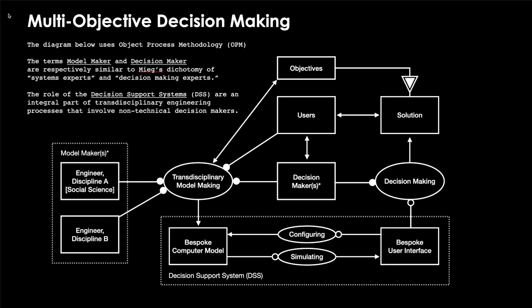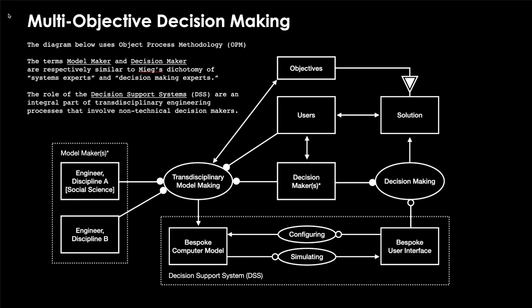And we've also included on the right the idea of model makers as a very broad umbrella term that contains perhaps systems experts, the engineers, also the computational modelers and developers, but all of that domain expertise that's really hard to be proficient in without a lot of specialization. And those people also, of course, contribute to transdisciplinary engineering.